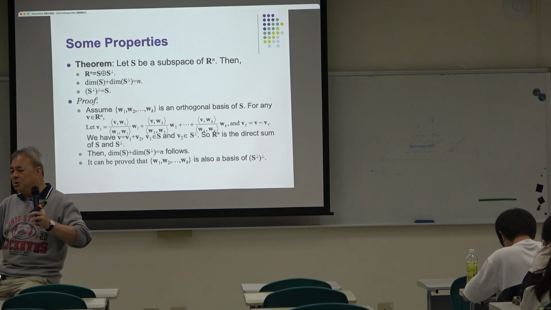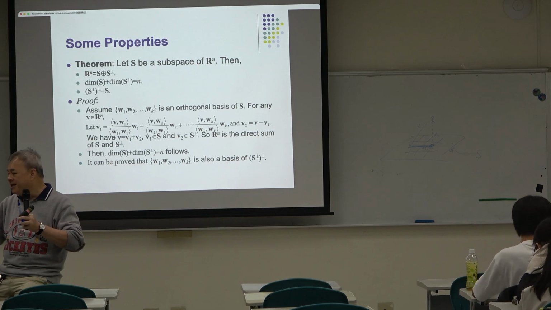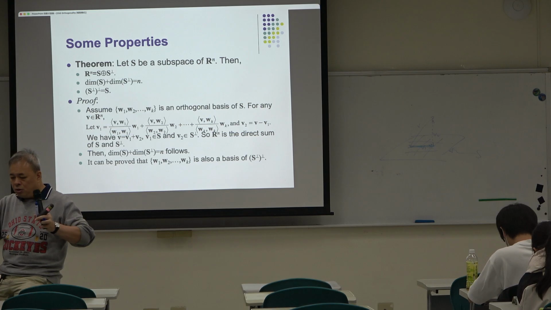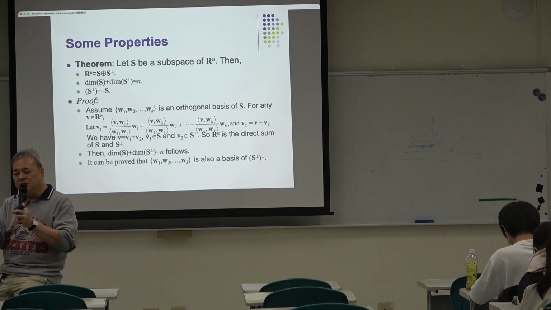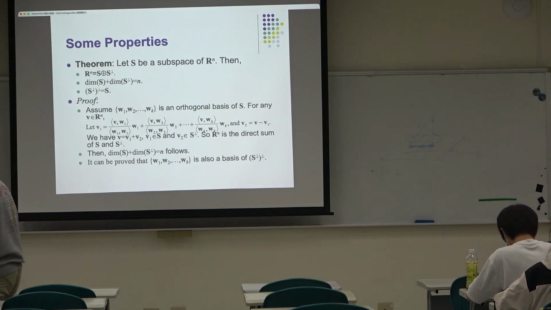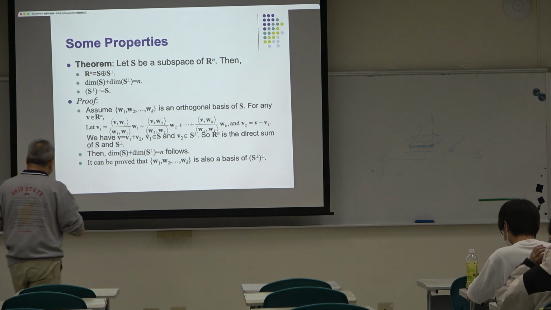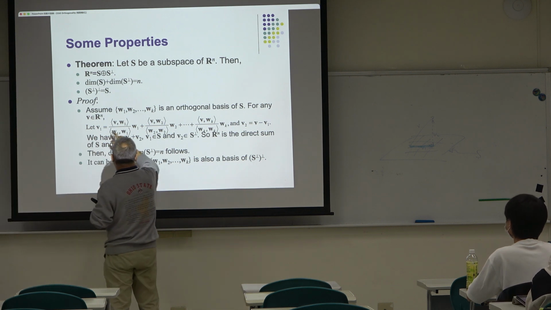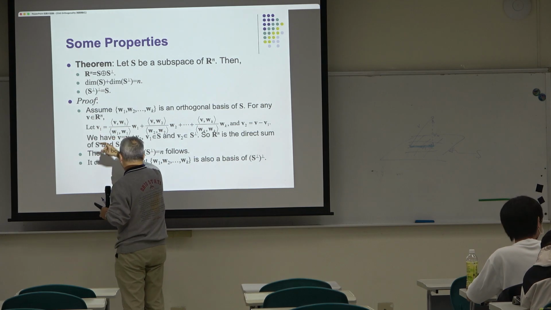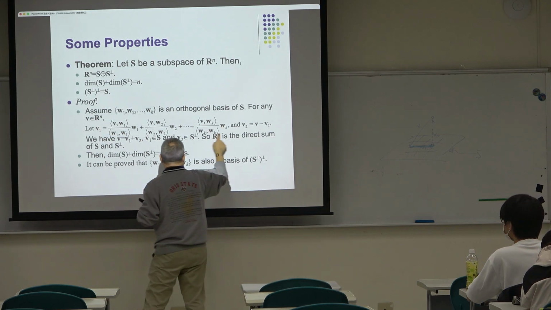Basically, for each vector, just divide by its length. If it's too long, you divide by its length; if it's too short, extend it. Then that's it. So you see, this is how we project V into S.